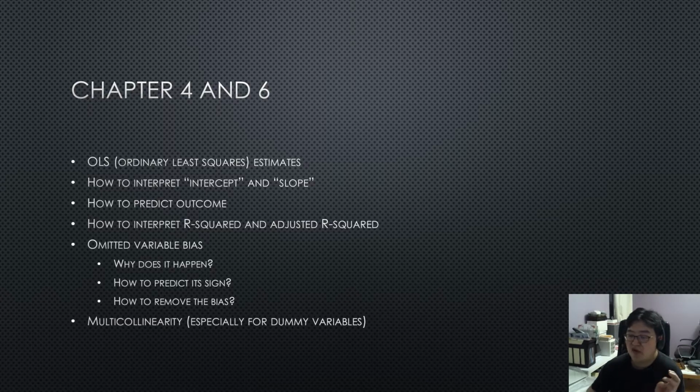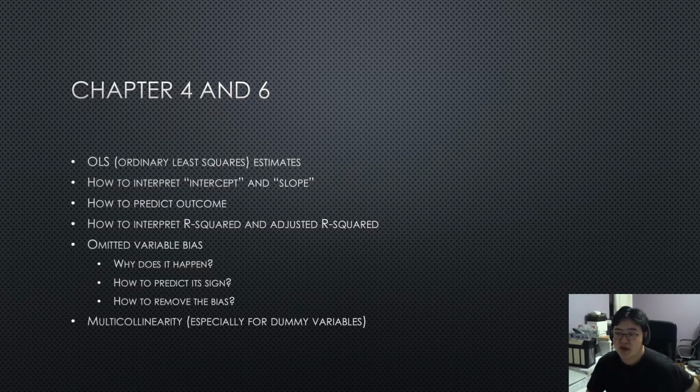Adjusted R squared does not increase if the additional regressor is not explaining anything, right? That's more natural. So we consider adjusted R squared for multiple regressors when you compare two regression models with different numbers of regressors.